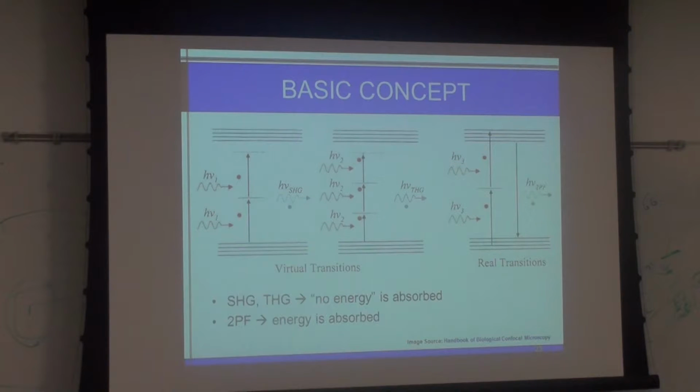So here, what you have is a lower energy level, the ground state, and a higher energy level. With fluorescence, let's say, for example, 2-photon fluorescence, what do we have? We have what's called real electronic transitions. Light of the right energy excites, let's say, a fluorophore, so it gets excited to an intermediate, what we call a virtual level. Long story, but a virtual level is not a real energy level.